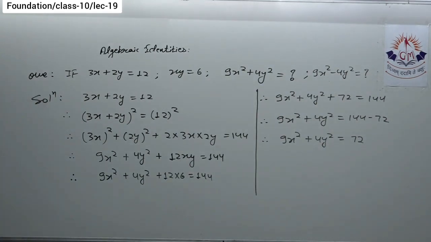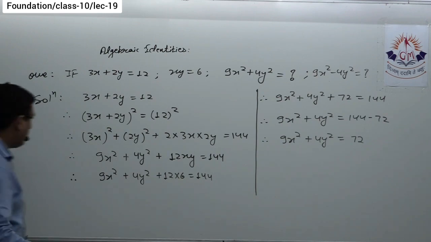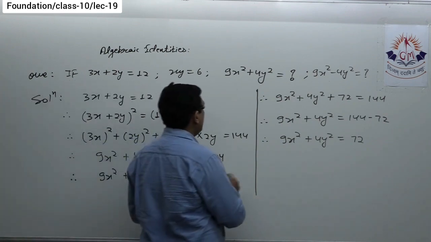First of all, note it down, then we'll see how to get the value of 9x square minus 4y square.